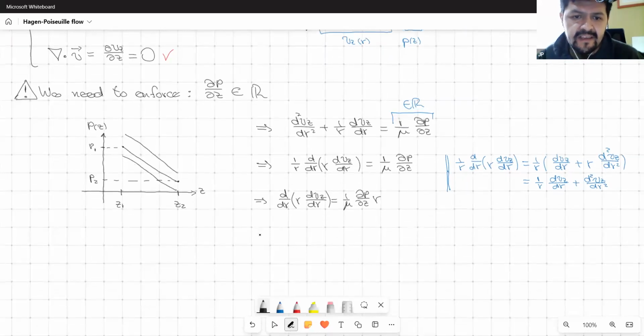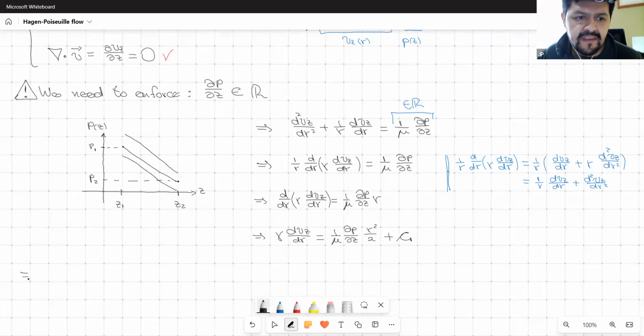Integrating directly, we find that r times the derivative equals 1 over mu, the partial derivative, times r squared over 2, plus a first integration constant. All right? So the solution is very easy to find because we're just one integration away from it.